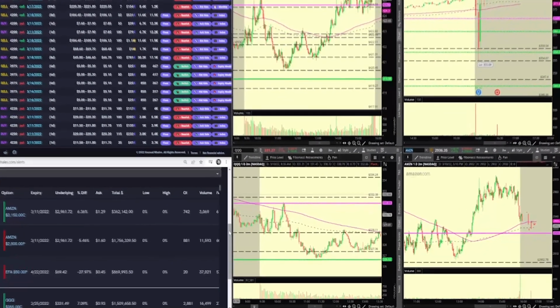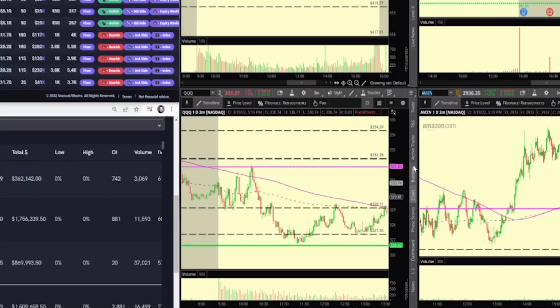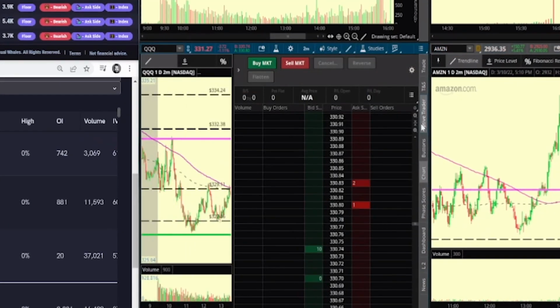I look at where the bid is and where the ask is. Usually I have Active Trader open like this, and it tells me my bid is right here and my ask is right here. If this spread is not too significantly big, and by that I mean within 2 to 3%, sometimes 4 or 5%, I'll try to get filled above the bid, right in the middle sometimes, and that'll often do the trick if the spread's nice and tight.